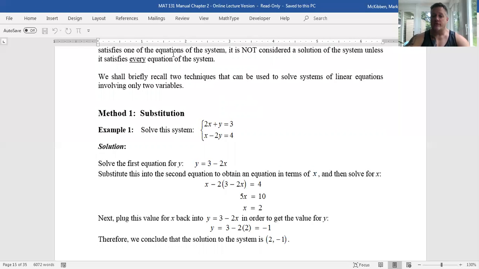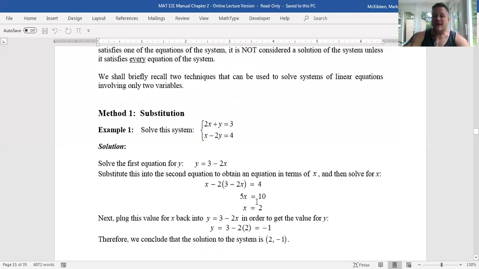So it's your choice. But the minute you do that, like I did here, you plug this in for that variable in the equation that you did not touch in the first place. Since I solved the first one for y, I'm going to plug this in for y in the second equation. I literally substituted in. Notice that what you get is a linear equation involving only x, and so you solve this like you normally would any linear equation to find the x value, namely x equals 2.